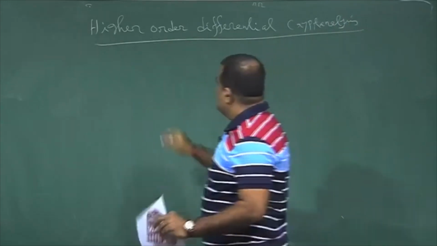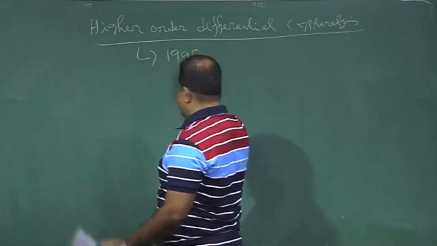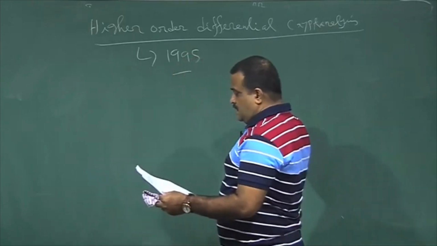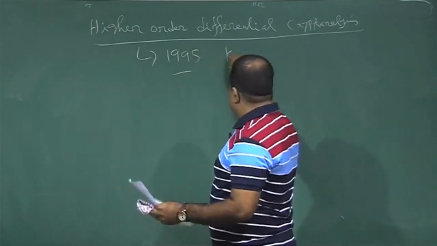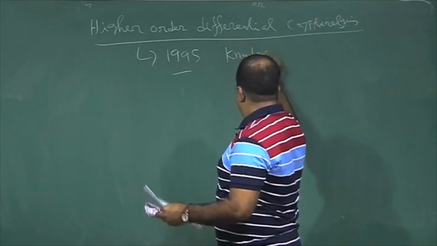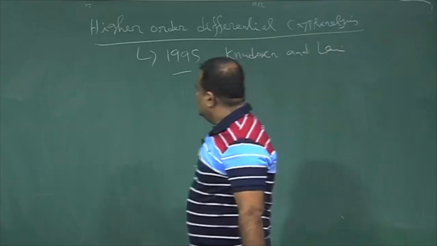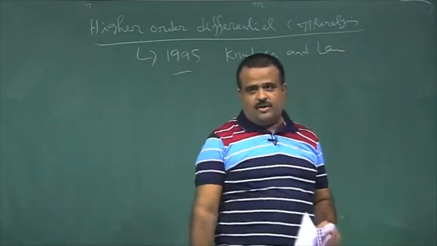Higher order differential cryptanalysis was introduced in 1995, I think, by Lai, and then another version is the truncated one.